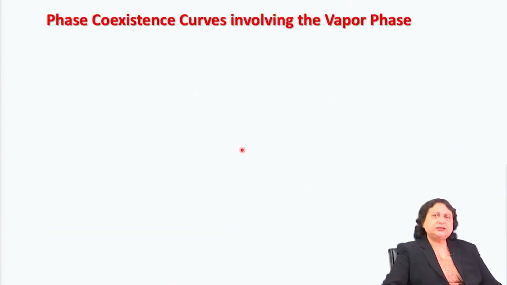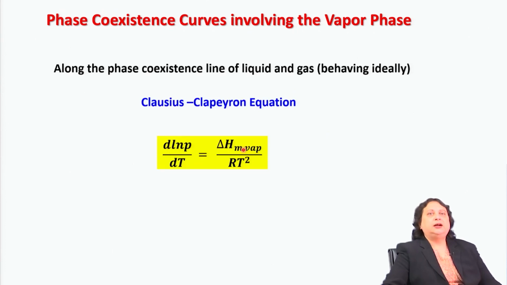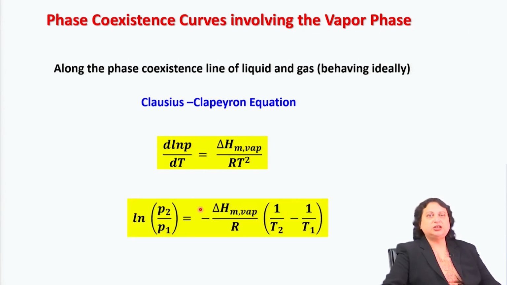And if I just look at the phase coexistence curves involving the vapor phase, let me quickly remind you that in this case we assume that the gas phase behaves ideally, and then we have the Clausius-Clapeyron equation. Instead of writing the Clapeyron equation, we either use the differential form of the Clausius-Clapeyron equation or the integrated form of the Clausius-Clapeyron equation.